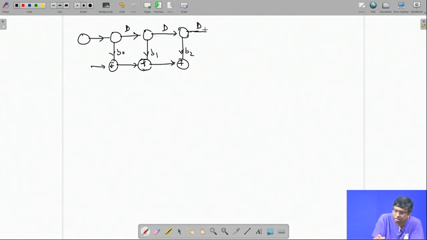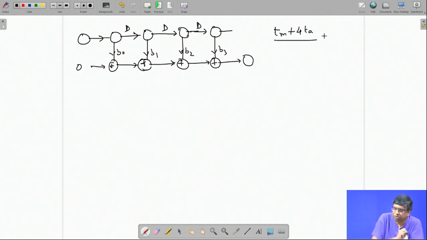We had already drawn it, but for comparison purposes I have to still draw it again. So, I had already drawn it last time and it goes to the sink node, all right, B0, B1, B2, B3 and this. And the time taken, as I found, was Tm plus 4 Ta. This much time was taken.